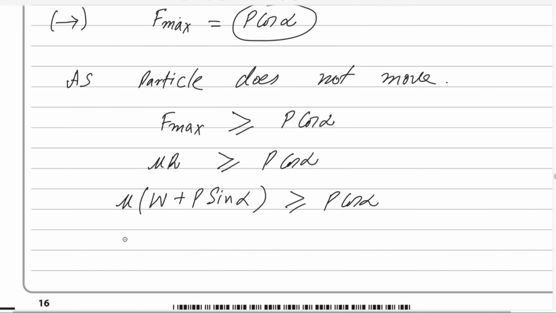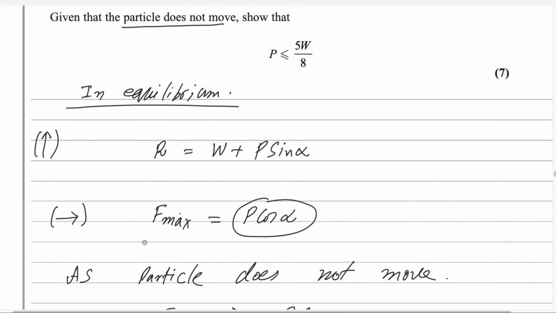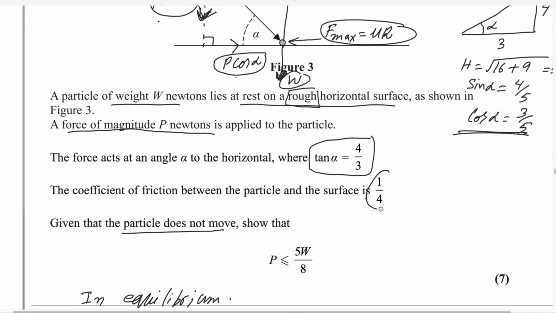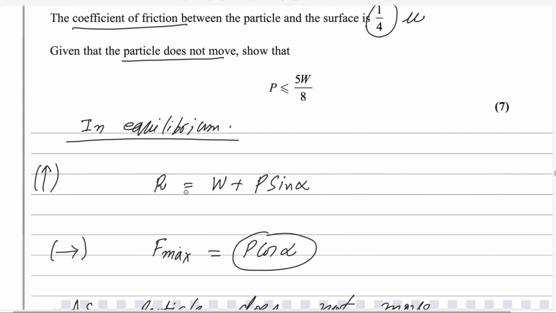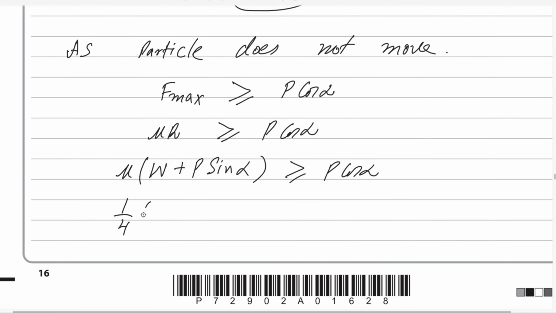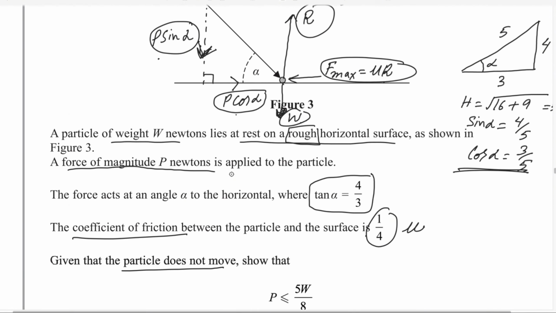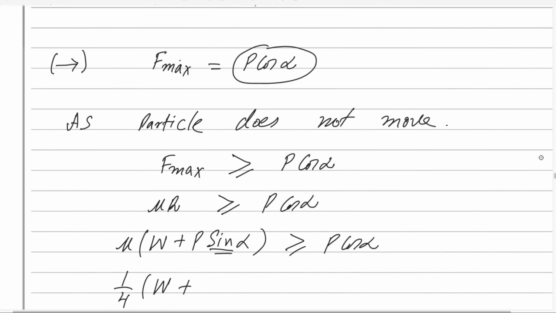Now plug in the values. We know that mu is 1/4, it is given in the question. Let's go back. This is mu, the coefficient of friction, and keep W as is plus P sine alpha. Sine alpha we just got, I told you, that is 4/5. You can use that value.